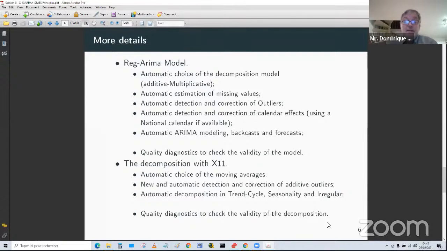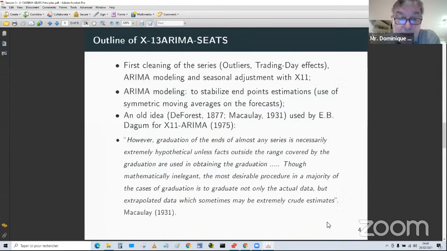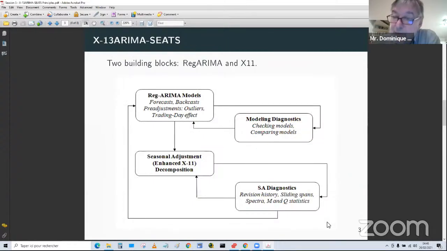There is a very important thing I have to tell you, and you have to keep that in mind forever. Okay. These 2 steps are common to TRAMO-SEATS and to X13-ARIMA. They have these 2 steps, the RegARIMA part and then the decomposition part.